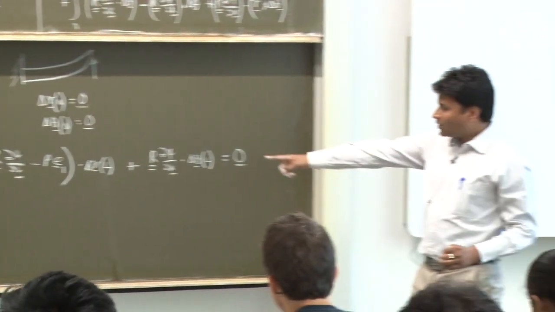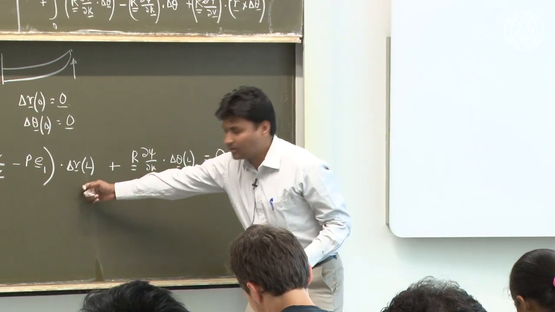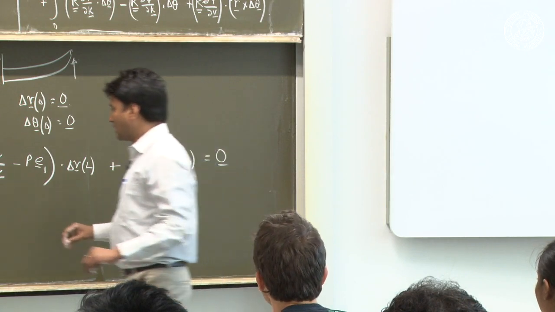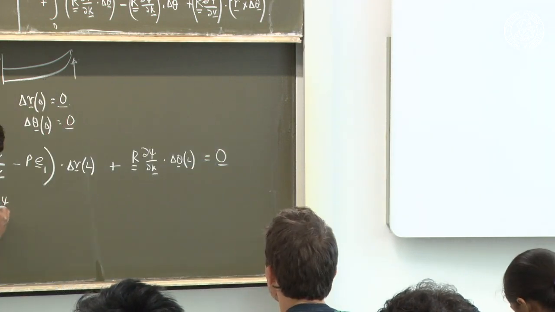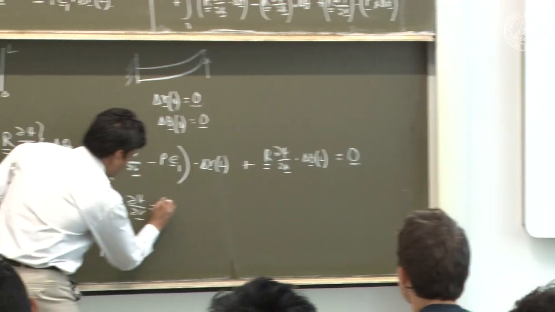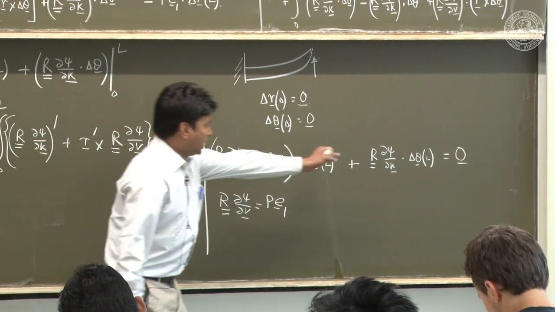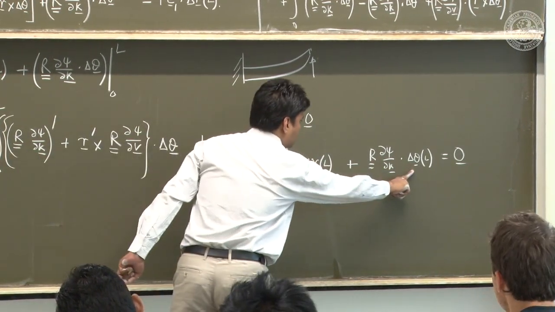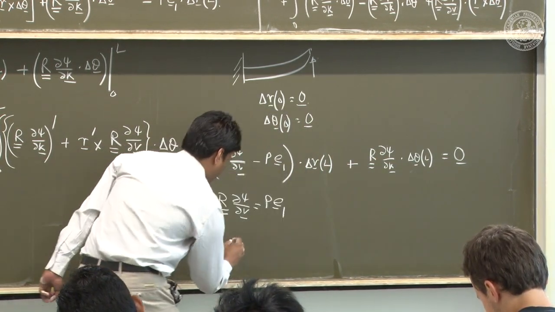And what can you see from here? Delta R at L is again arbitrary. That gives us the boundary condition that big R del psi over del V is equal to PE1. And since delta theta at L is also arbitrary, they are both independently arbitrary.